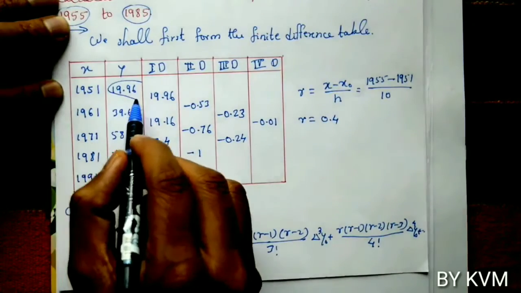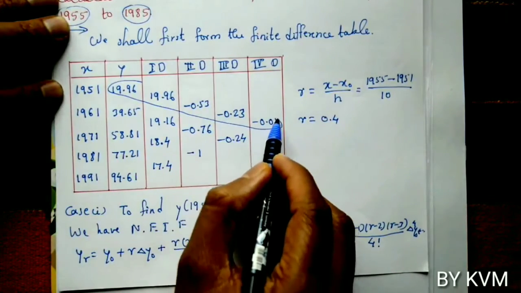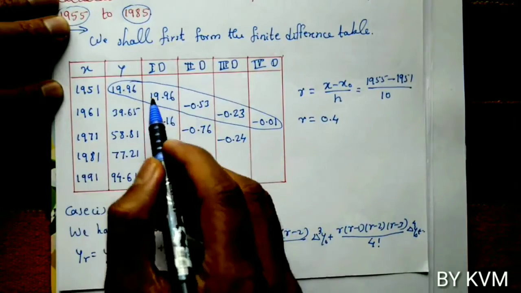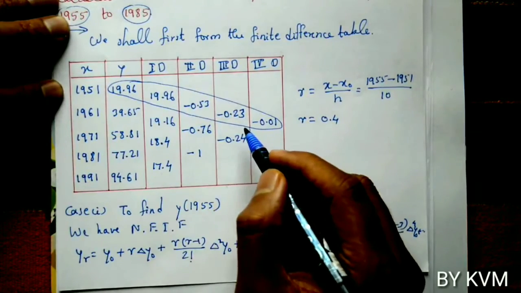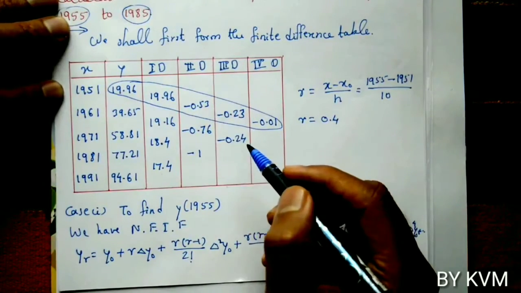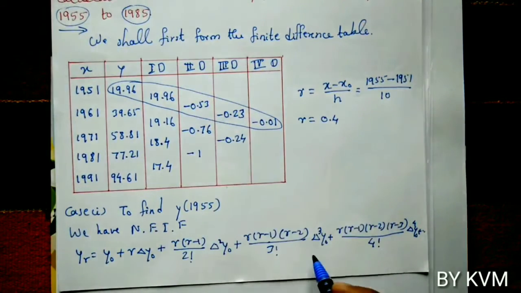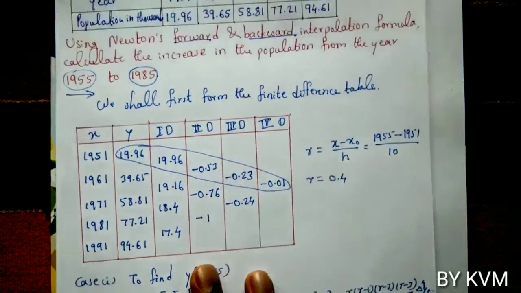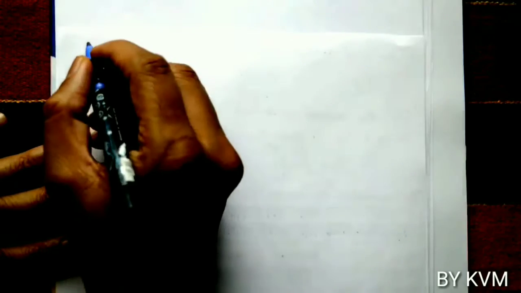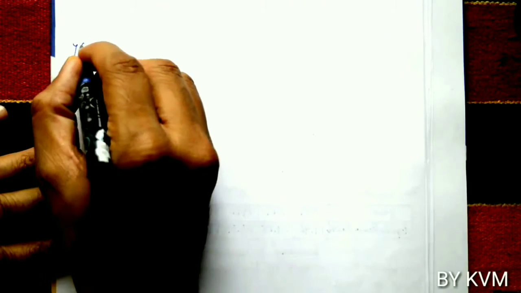Now we have to take the first values in each column. The first values in each column are the leading forward differences, that is delta y naught, delta square y naught, delta cube y naught and delta power 4 y naught. So substitute all the values in Newton's forward interpolation formula.